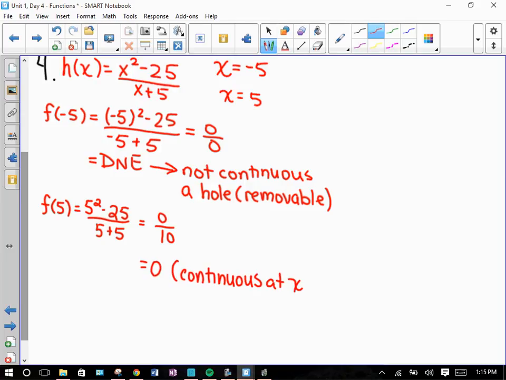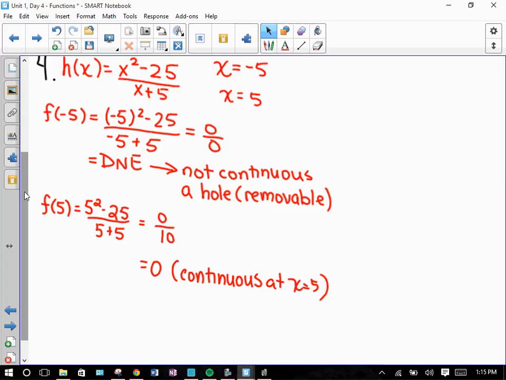Because, actually, I'm jumping to conclusions. I'm not going to erase that because I'm pretty sure it is continuous. But what we know right here is that the function value is equal to 0. Now we have to prove that the limit is equal to 0 there.